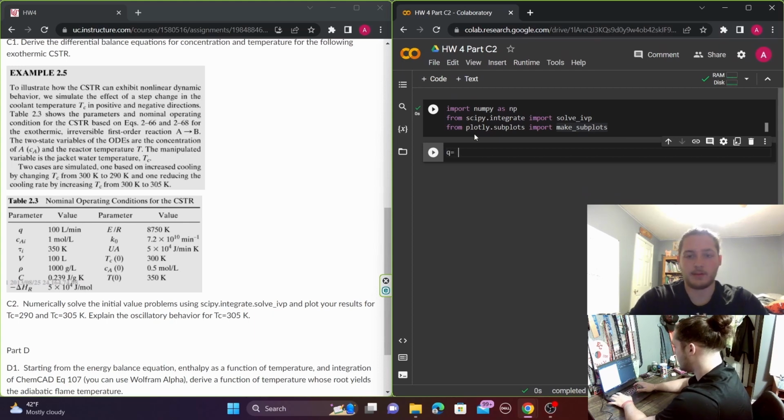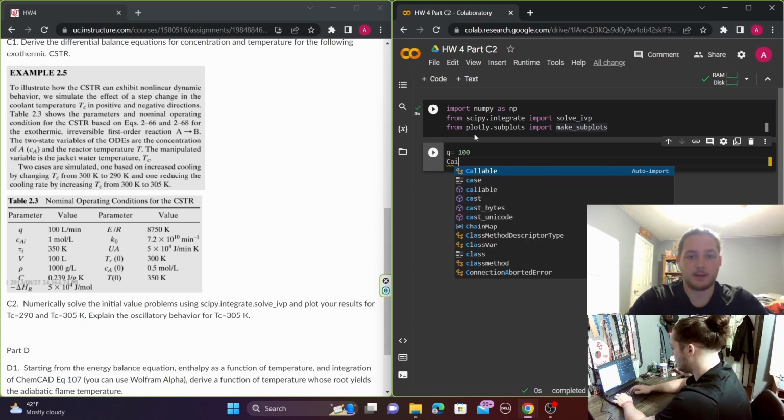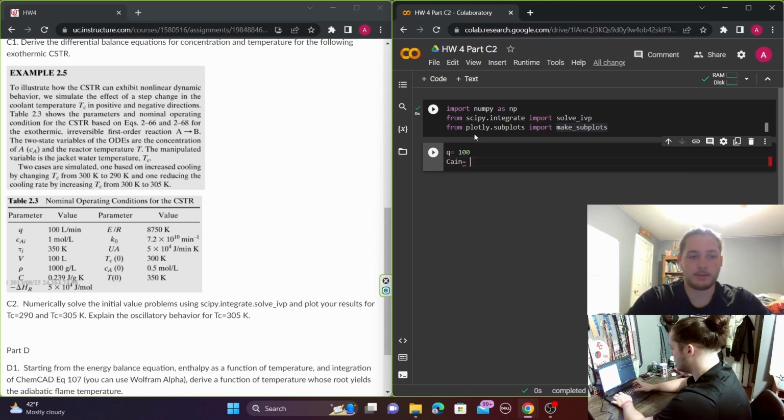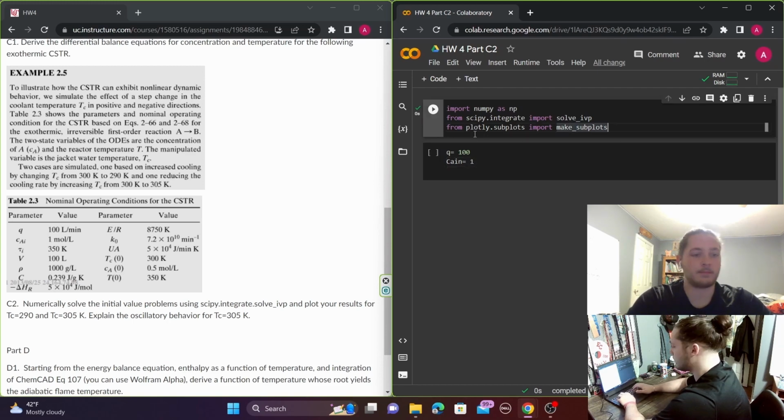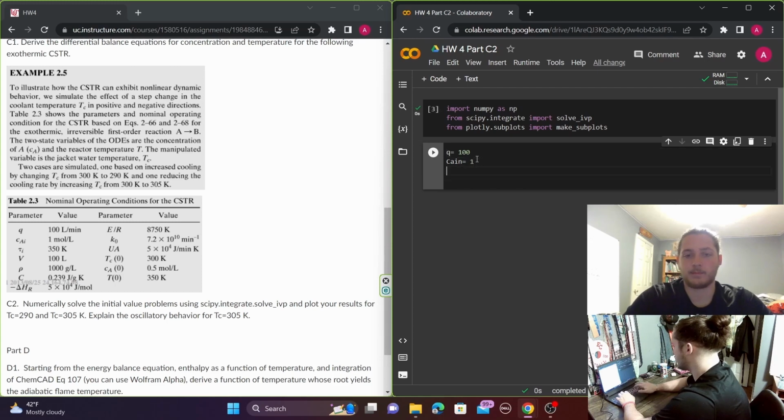So we have Q is equal to 100, CAN is equal to 1, TN is equal to 350, V is equal to 100, rho is equal to 1000.